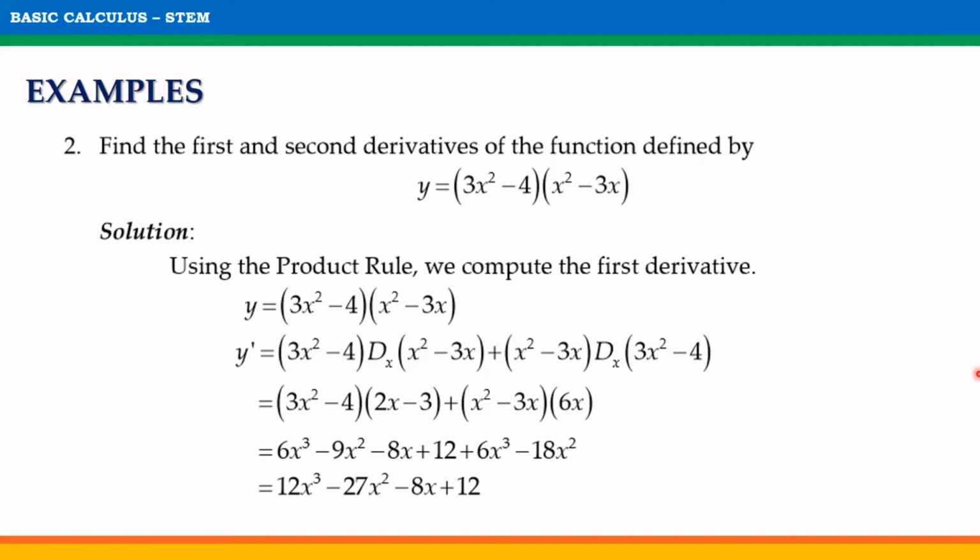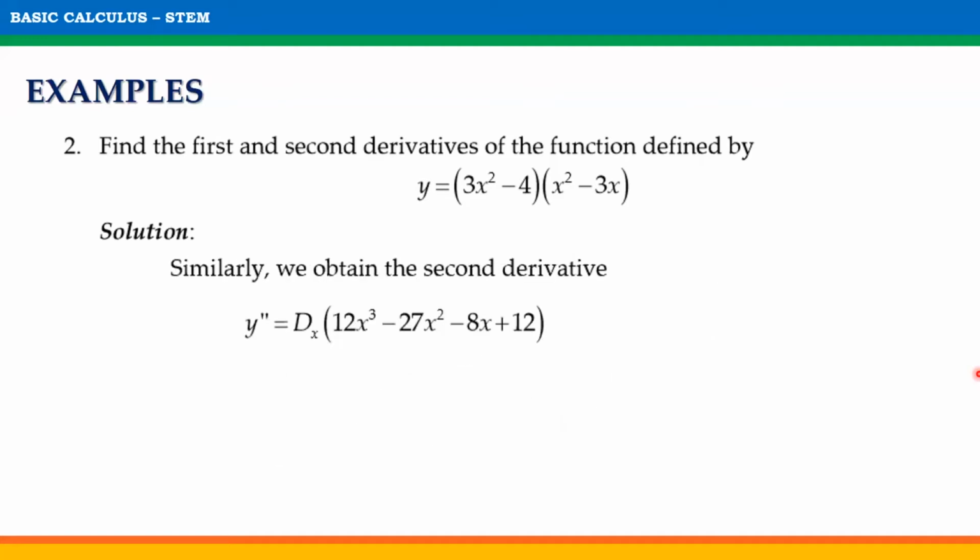From here, using our solved first derivative, we can now obtain the second derivative by getting the derivative of 12x cubed minus 27x squared minus 8x plus 12, which is equal to 36x squared minus 54x minus 8.